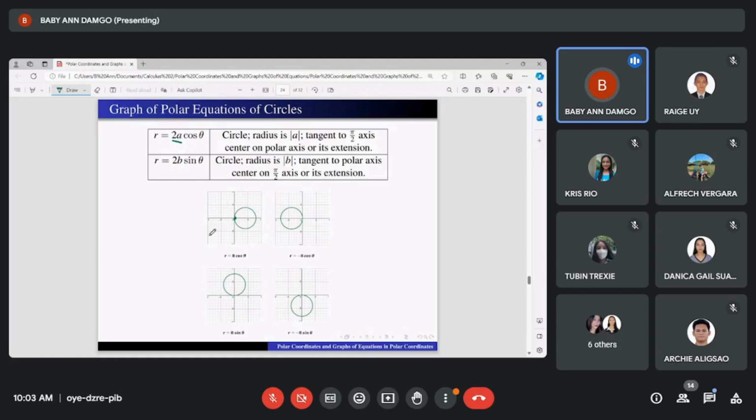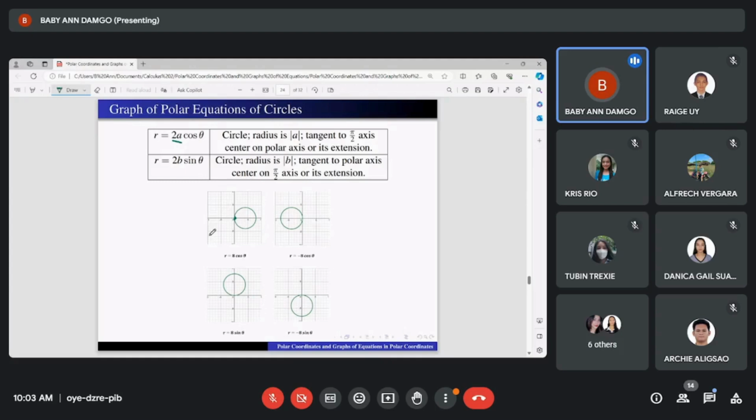So we have a sine theta. So if it is positive na sine, mo intersect siya sa pi over 2 nga axis. So we have here, this is the polar axis. Kani, this is pi over 2. So, ang iyahang symmetry class kay naa sa pi over 2.